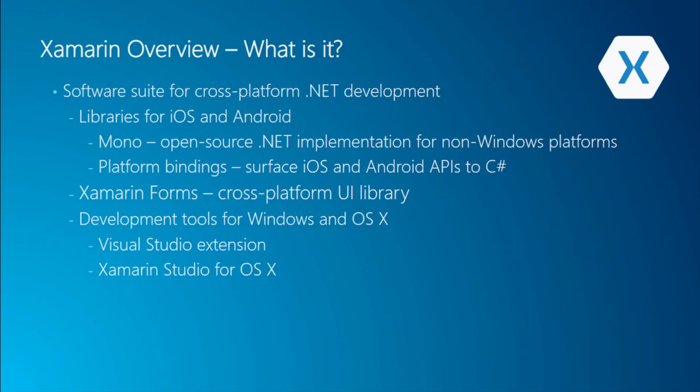All right. So Xamarin, what is it? It's essentially a set of software components to enable you to write cross-platform .NET and C# apps, right? Extending the reach of the .NET platform with WPF and UWP out to iOS and Android. In terms of software components, the binaries, the APIs that come with the Xamarin software suite, you can kind of break them up into three different parts.